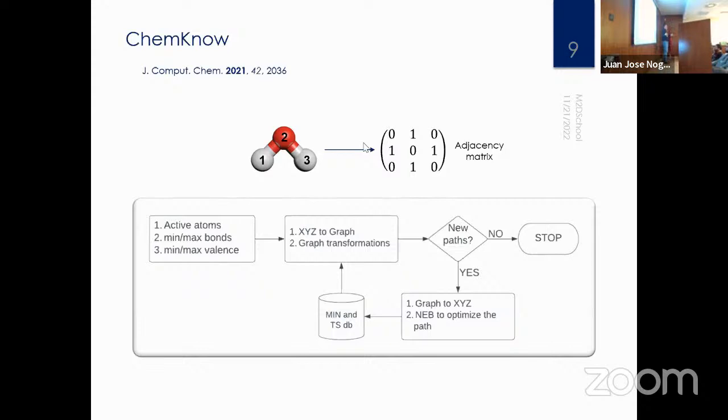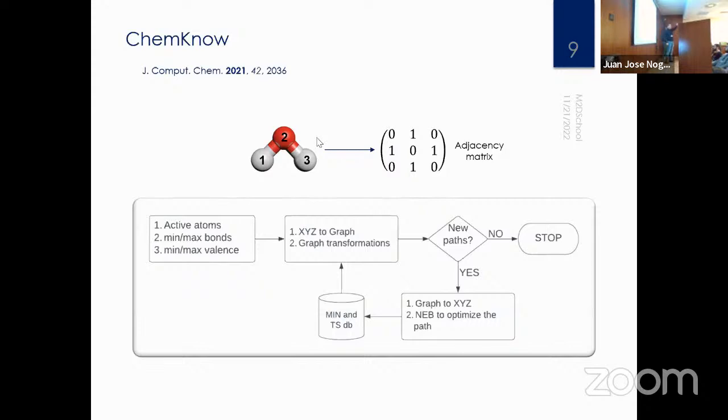Okay, and here we proceed as many other programs. We have 2 minima, and then we obviously need to connect the minima. For that, we use NEB, nudged elastic band. I know there are other methods to optimize the reaction path, but this is a very convenient method. So basically, we optimize the path between both the reactant and the product.